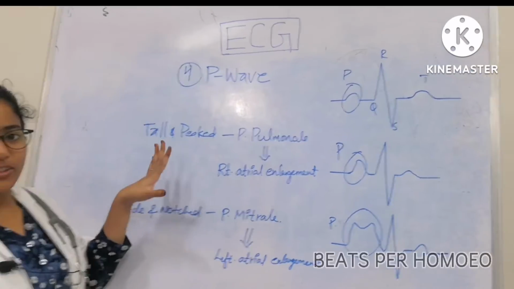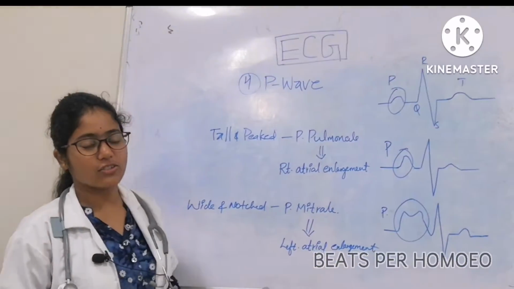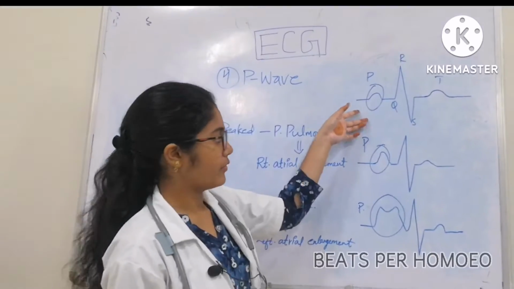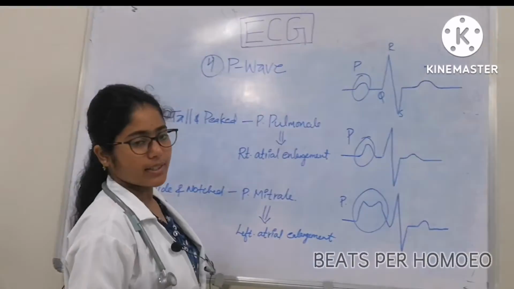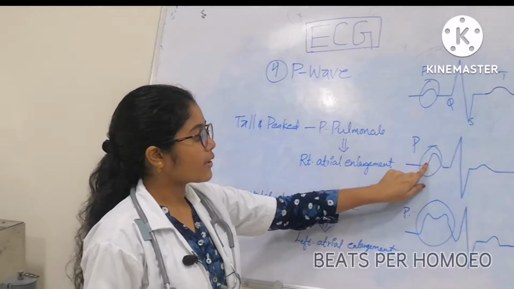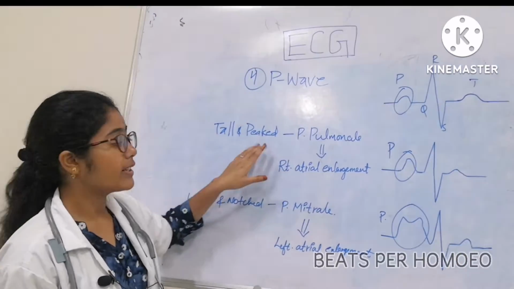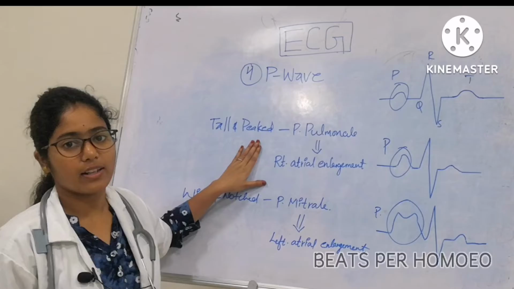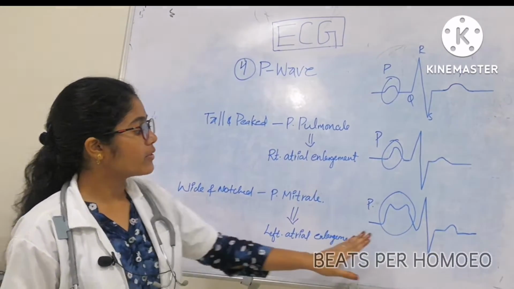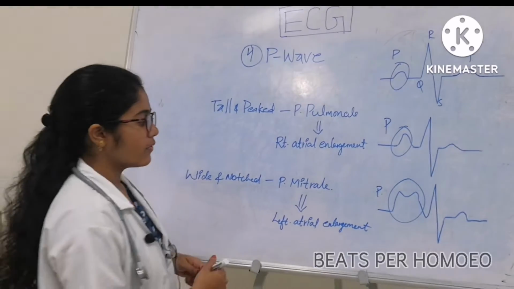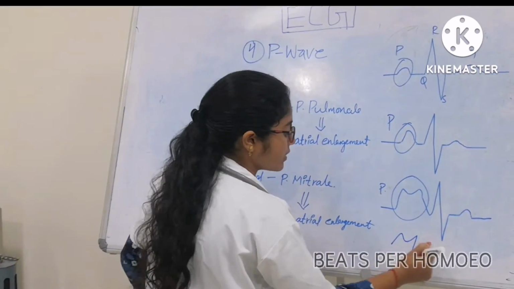So now we are going to interpret a P wave in an ECG strip. Here we can see a normal P wave, and the P wave abnormalities are: if the P wave is narrow and peaked, it is known as P pulmonale, and this condition is seen in right atrial enlargement. When the P wave is wide and notched in between, it is known as P mitrale.